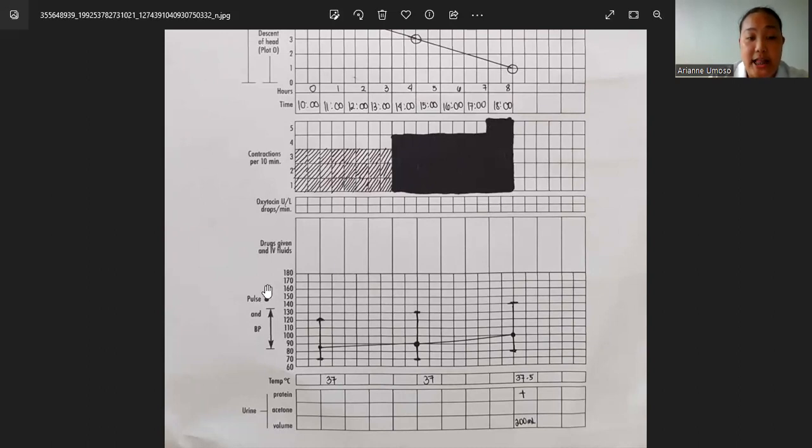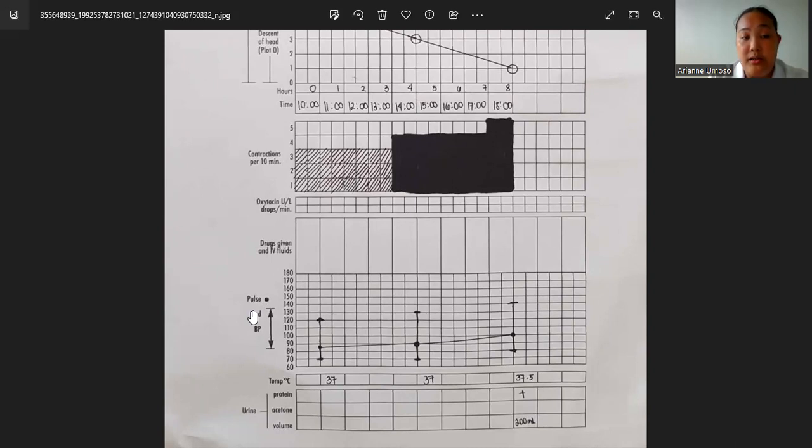Next are the vital signs. First is the pulse rate. Upon admission, the pulse rate is 88 beats per minute, and after 4 hours, it's 90 beats per minute. After 4 hours again, it is 100 beats per minute. Next is blood pressure.